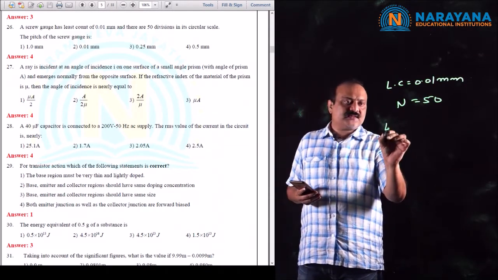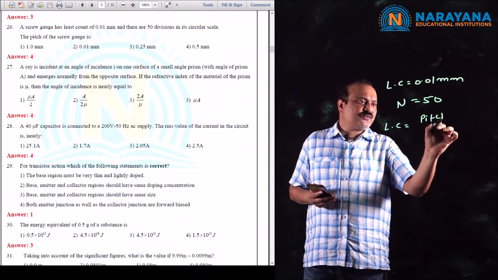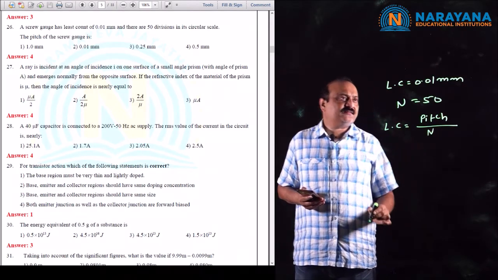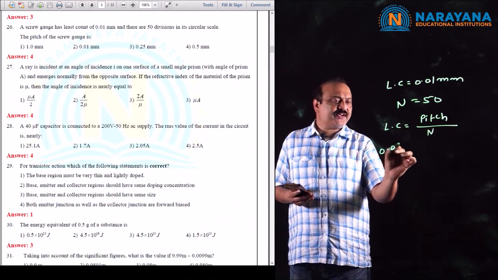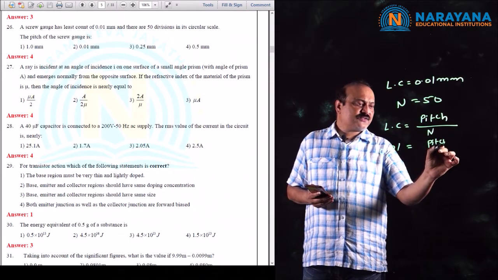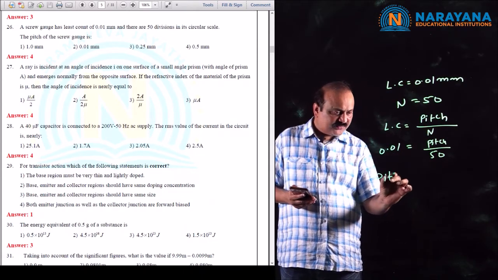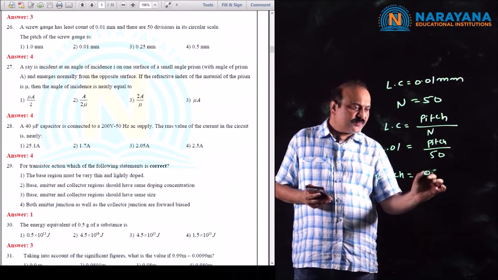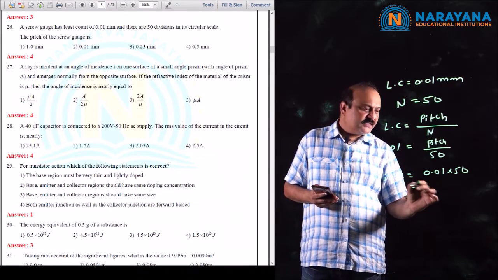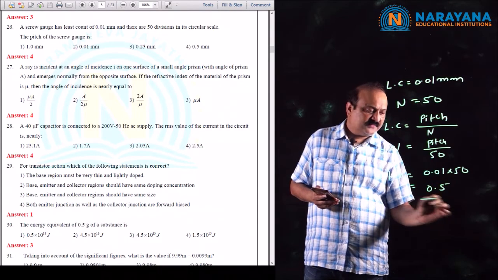So, least count of the screw gauge is equal to pitch of the screw by number of divisions on the head scale. That is 0.01 is pitch of the screw by 50. Therefore, pitch is equal to 0.01 into 50. That is equal to 0.5 mm.